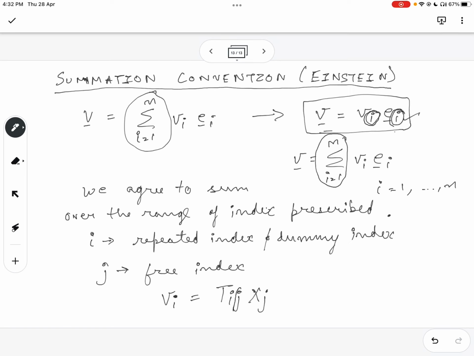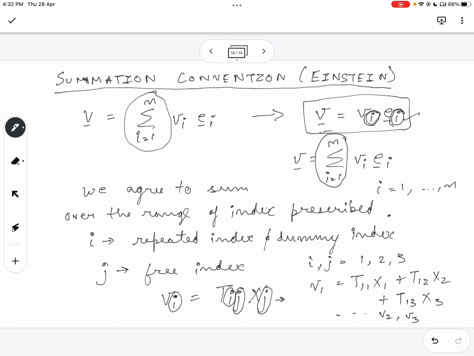Here j is a repeated index and i is a free index. So that means that say i and j go from 1 to 3. So v1 is t11 x1 plus t12 x2 and t13 x3, and so on with v2 and v3.